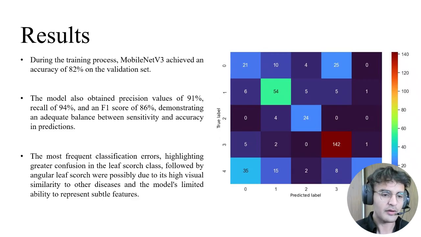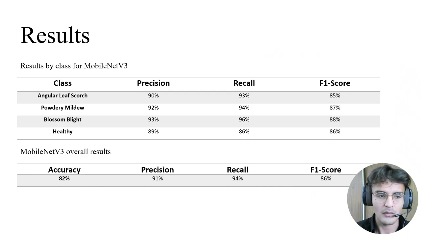The most frequent classification errors highlighted confusion in the leaf scorch class, followed by angular leaf scorch, possibly due to its high visual similarity to other diseases and the model's limited ability to represent subtle features. These are the results for MobileNet version 3.